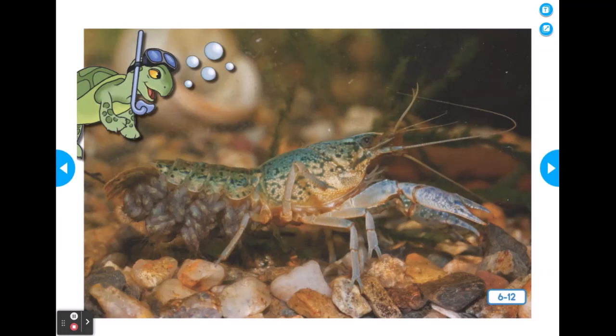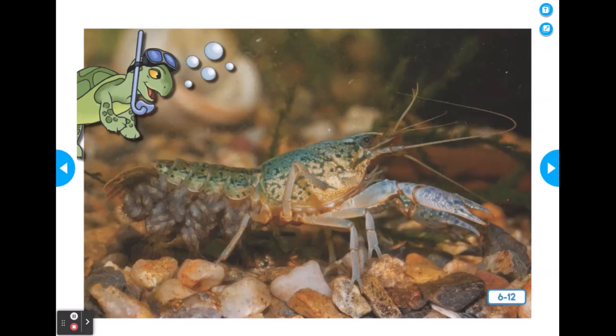What animal is this? Crayfish. Where is it in the pond habitat in this picture? Is it on the top of the water? Is it on the land around the edge of the pond?